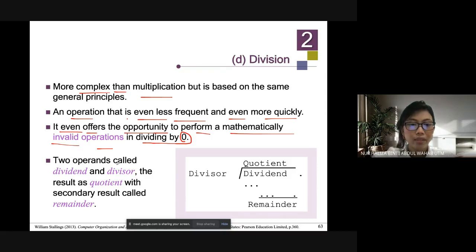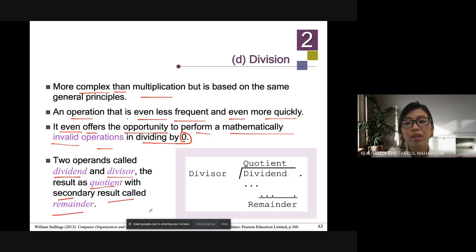Two operands, same as in multiplication, you have the dividend and divisor, and your answer, in multiplication you have the product, but the result over here is the quotient with the second result called the remainder.